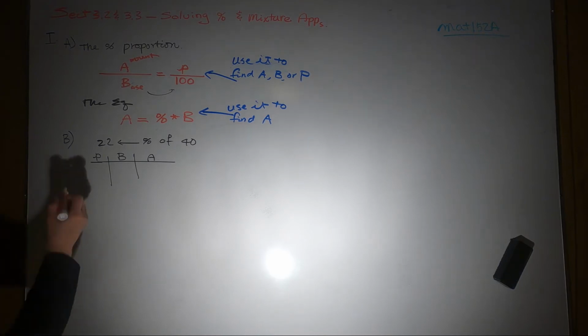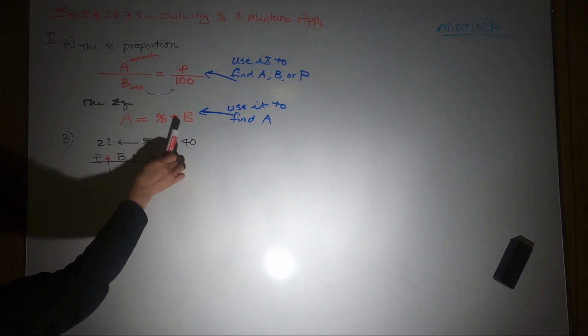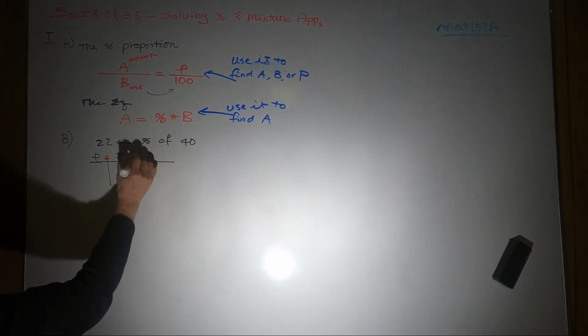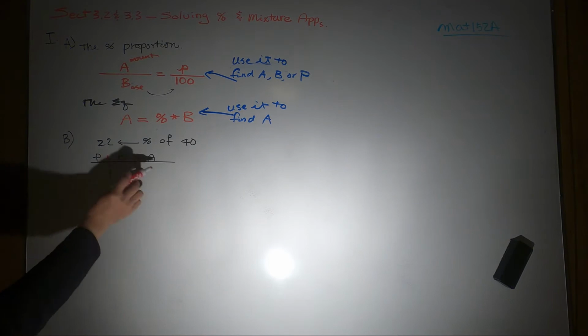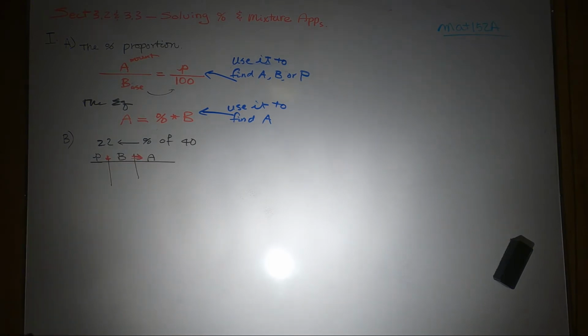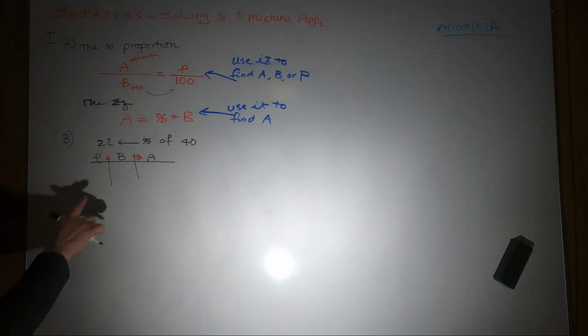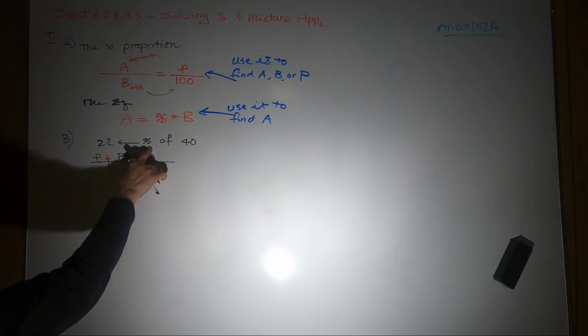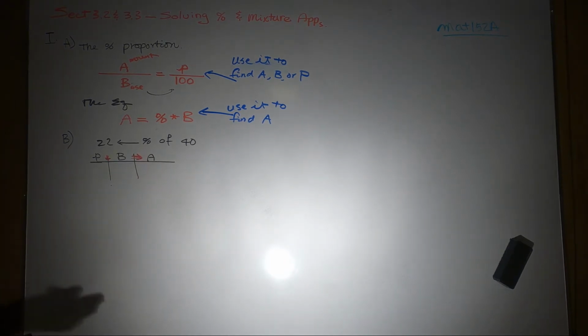Say percentage of B. So percent times B equals your A, right? So we write the PBA, this one. Then you decide which one you don't have. You need to find it. So do we need to know the percent? Yes, it says what percent, so we don't know.